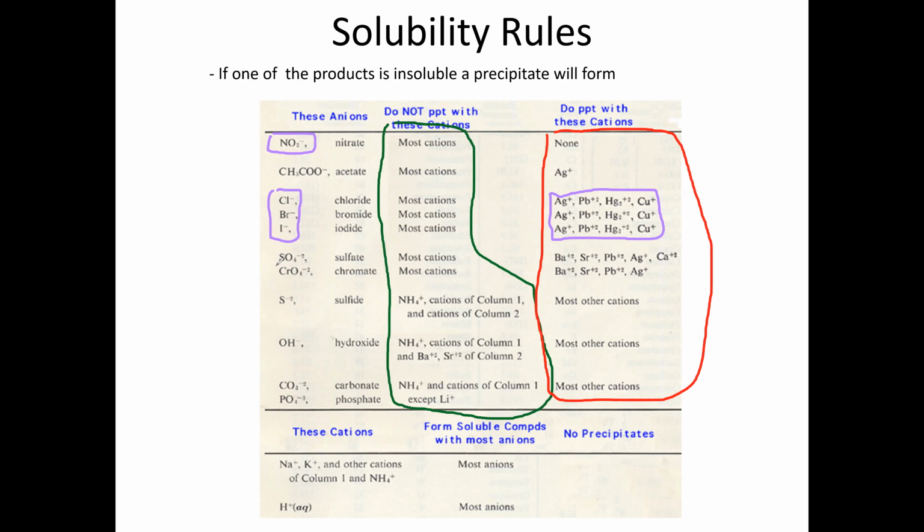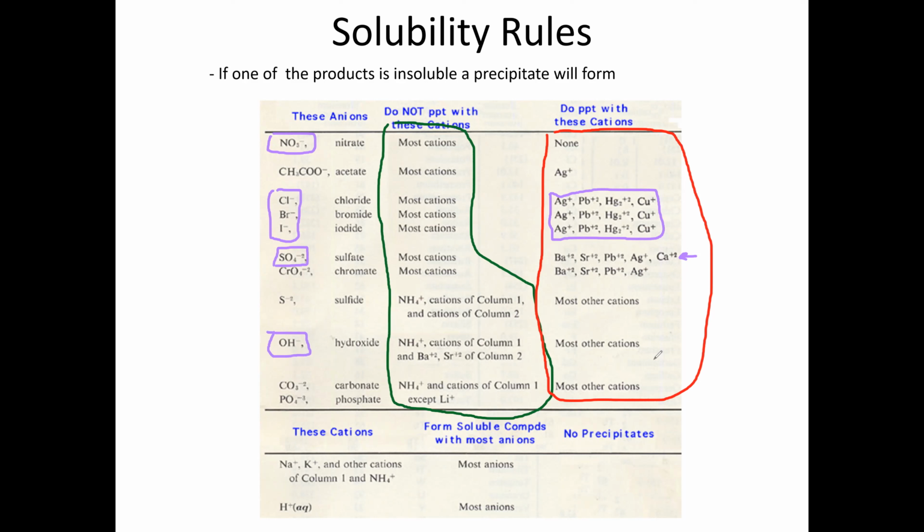Another one is sulfates. For sulfates, most cations are soluble except the ones listed here. So for example, barium sulfate, strontium sulfate, lead sulfate, lead-2 sulfate, these would be insoluble sulfates. So if your product is one of those, it would precipitate out. And then just one other one to kind of pick on, hydroxide.